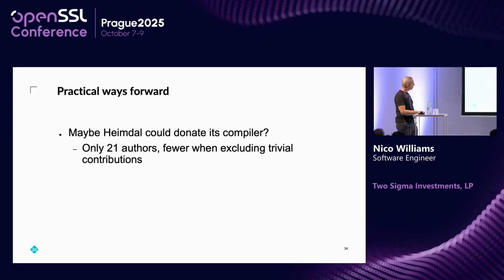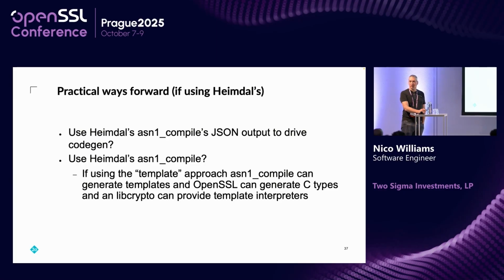There's license issues, right? Maybe Heimdal could donate, do the copyright assignment. There's only 21 authors that have ever touched the ASN.1 code, fewer when you exclude trivial contributions. So I think we're all alive, so you can probably contact all of us, and we might do it. I don't know.